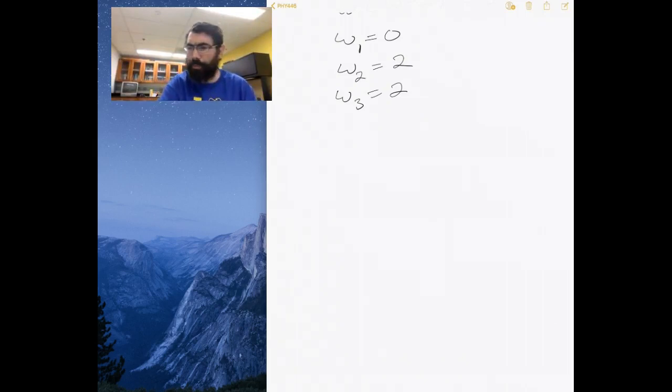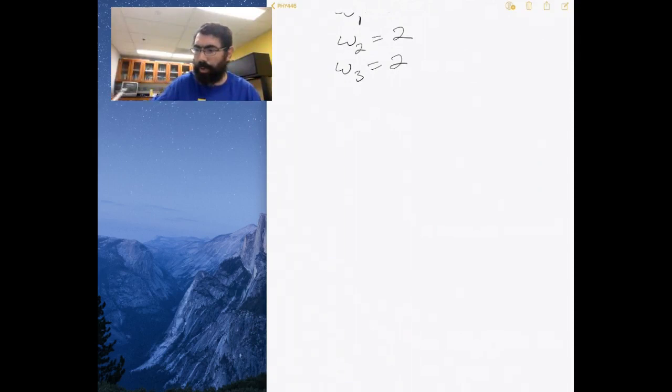Okay, so if we now go back and try and work out what the eigenvectors are, then what we would have is omega times the first eigenvector is equal to omega 1 times that first eigenvector.